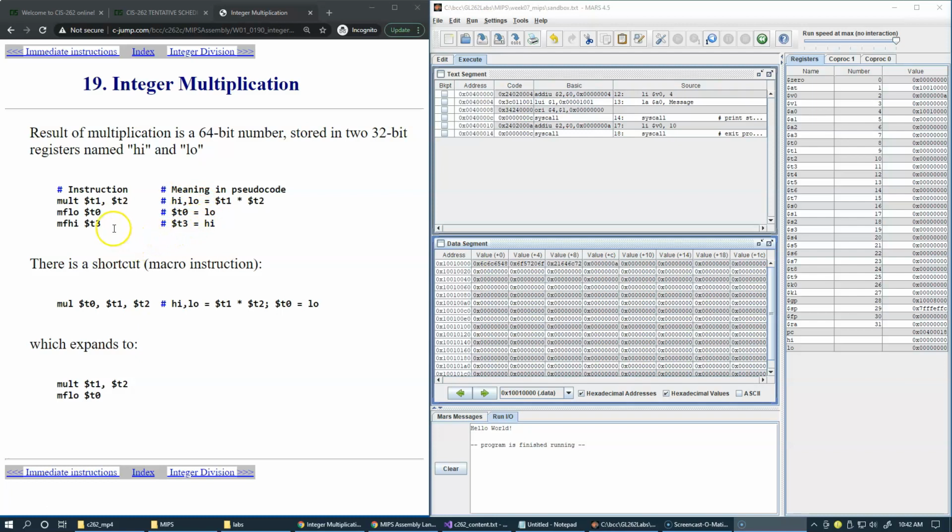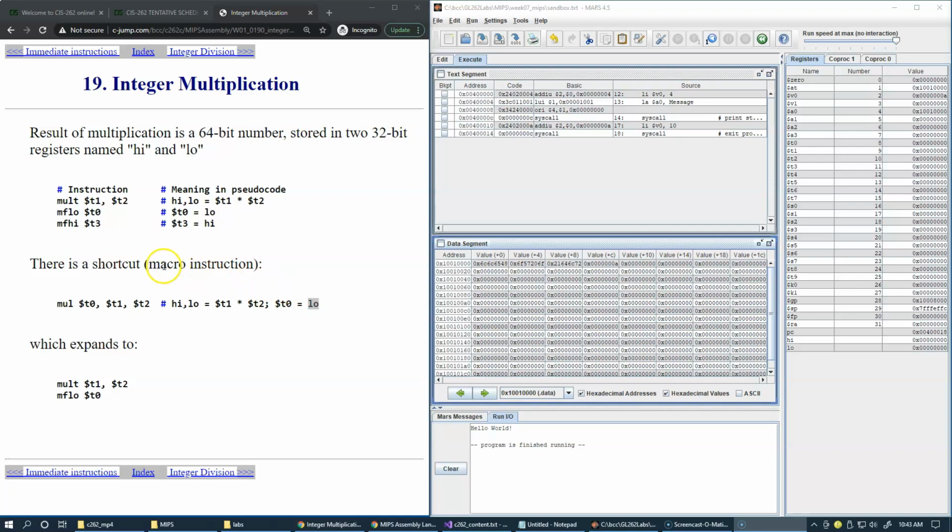Instead, there are move instructions dedicated to low and high, and if you don't expect your result to overflow the 32-bit range, then there is this pseudocode or macro instruction, multiply, which takes two operands, the source operands for multiplication, and sets the result at the end of its execution to the low portion of the multiplication result.